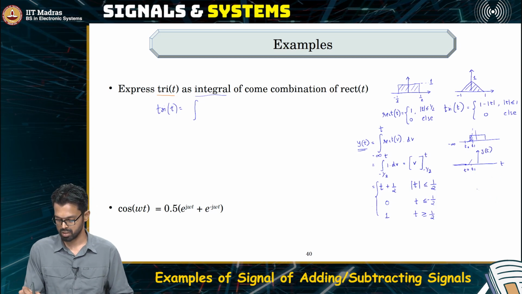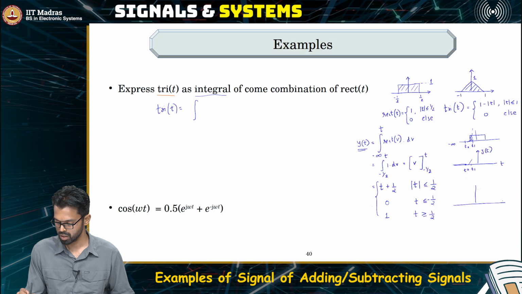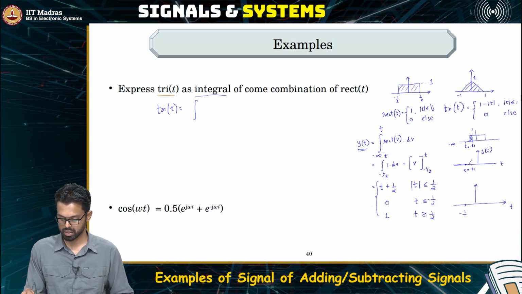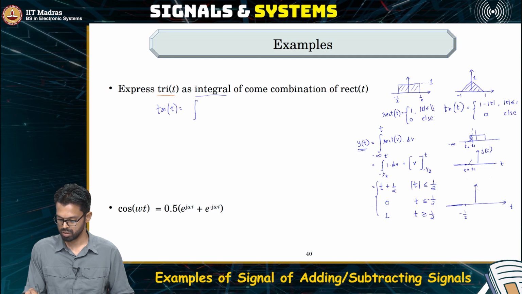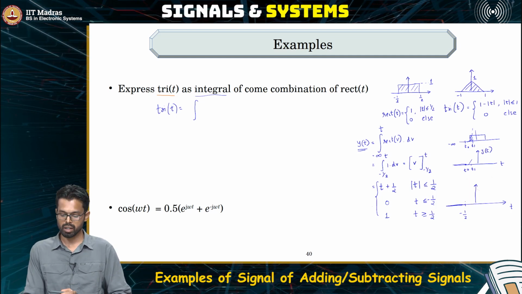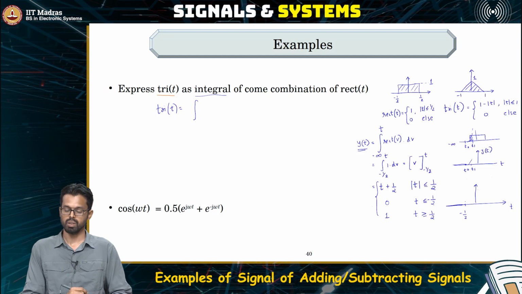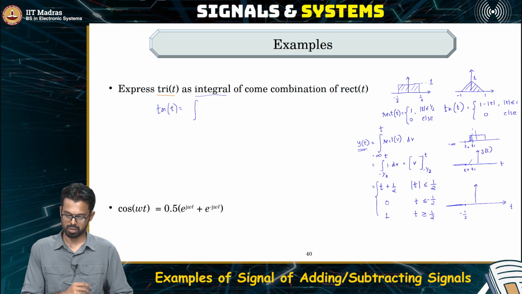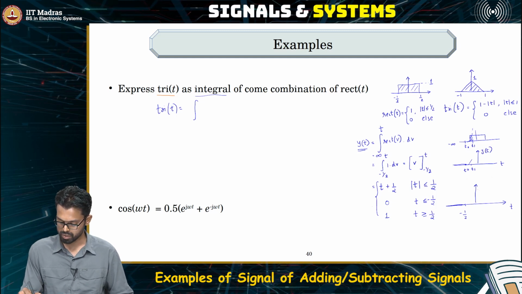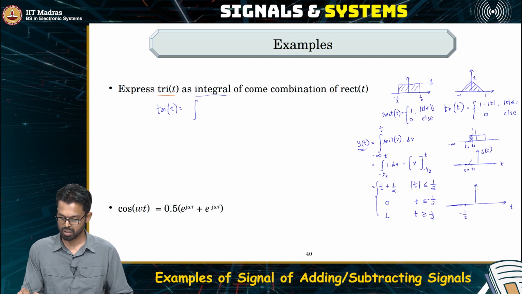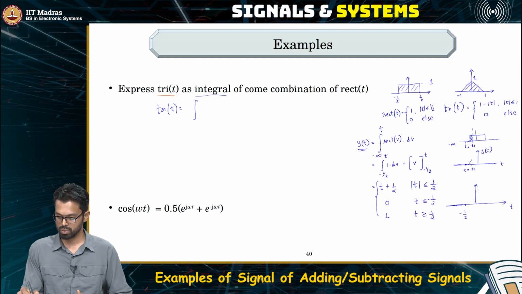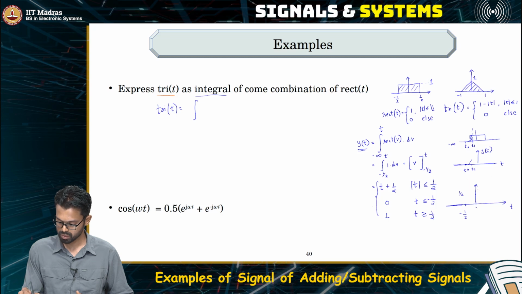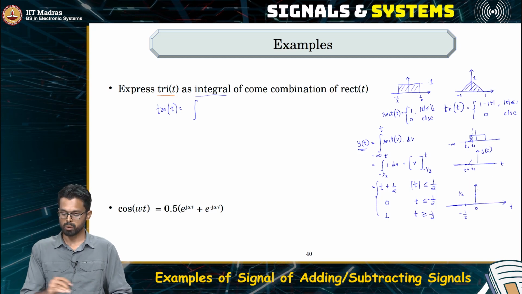Now let's try and plot this. So if we plot this, what do we get? Till t is equal to minus half, the function's value is 0. From minus half we start the non-zero values of this integral function. So at minus half it is 0, and then at t equal to 0 we get half. And what about the values in between?